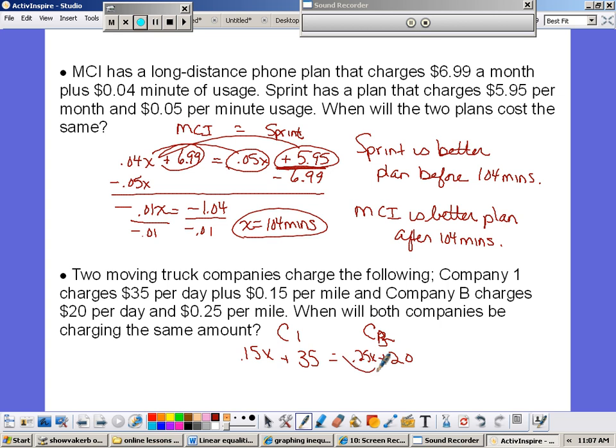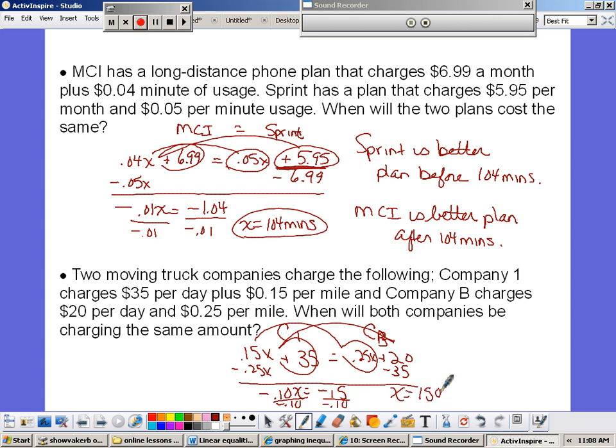So I'm going to bring my 25 cents over. I'm going to bring my 35 over. Negative 0.10x is equal to negative 15. Divide by negative 0.10. X is 150 miles. So if my question is when are they equal, they're equal at 150 miles.